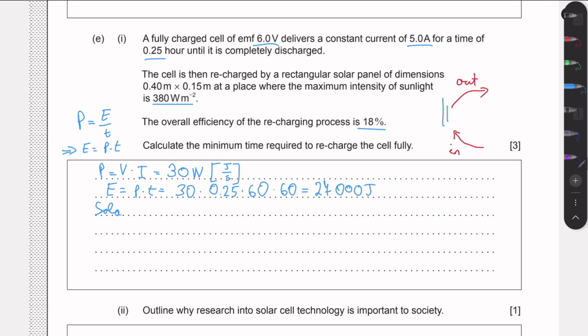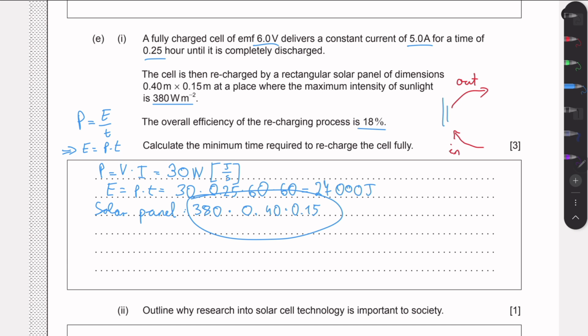So we can calculate how much power we get from the solar panel. We can just multiply this 380 by the dimensions of our solar panel itself, so we get how much power it produces.